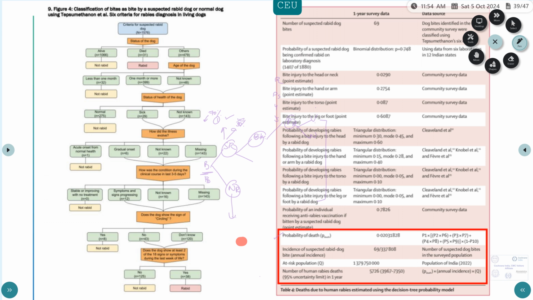And I'm a little worried. This is a very good design to see how many bites are happening, but to conclude how many deaths are happening, there's no other way. Yeah.